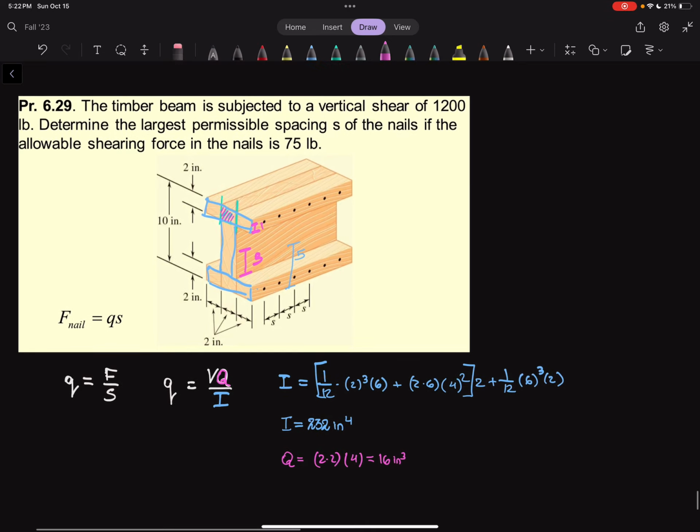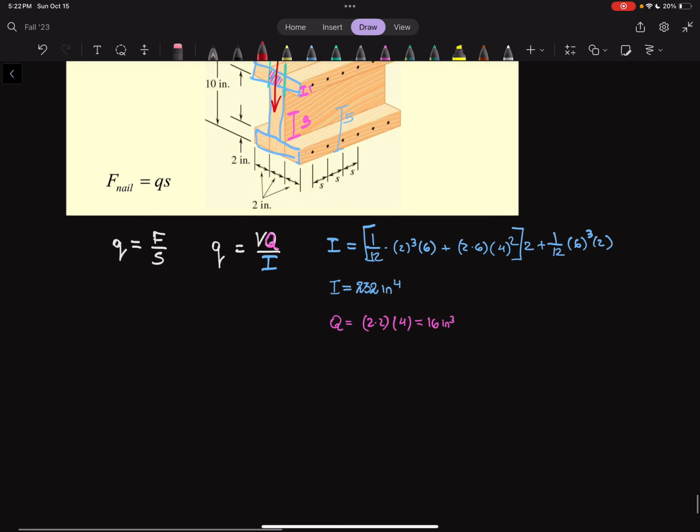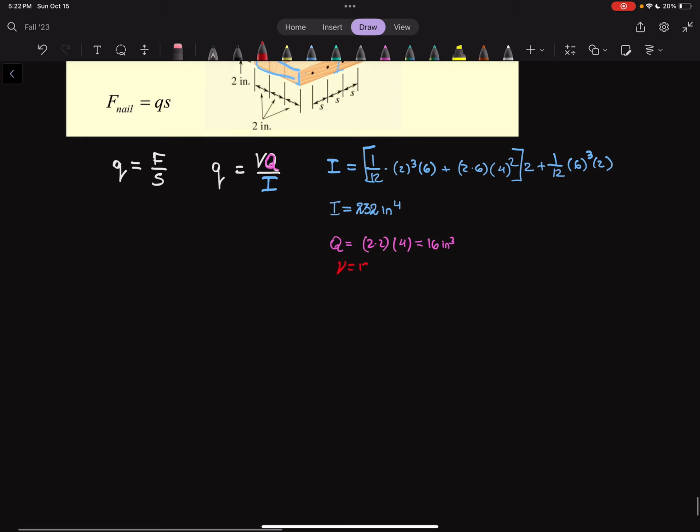And then my V, vertical shear of 1,200. So my V is 1,200 pounds.